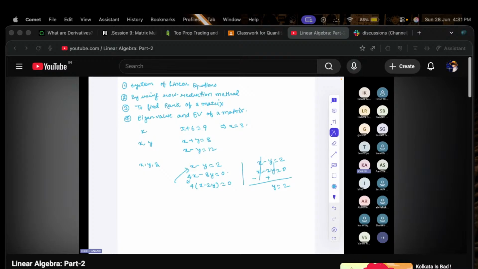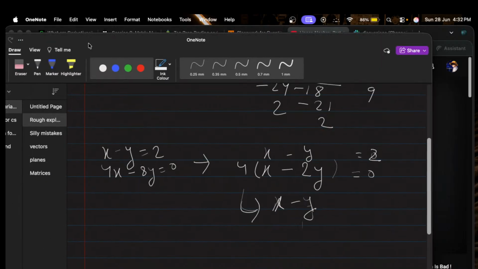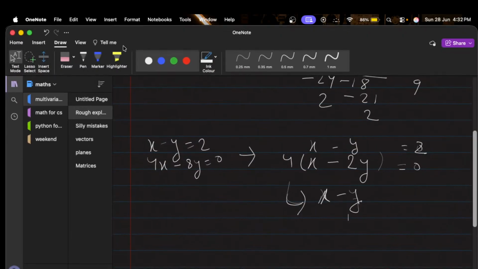So if we solve this in algebraic form, okay, I will just move this to the main screen. If I'm willing to solve this with x minus 2y equals 0, the sign will get inverted here.